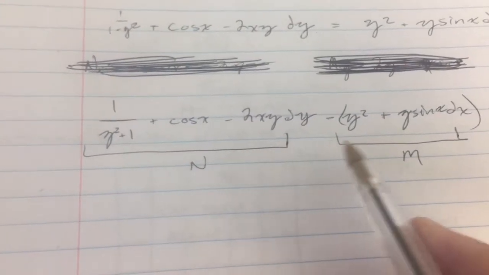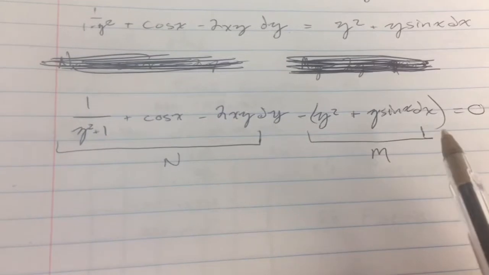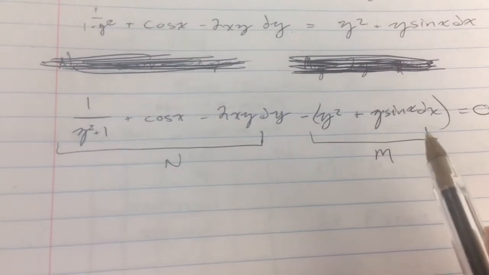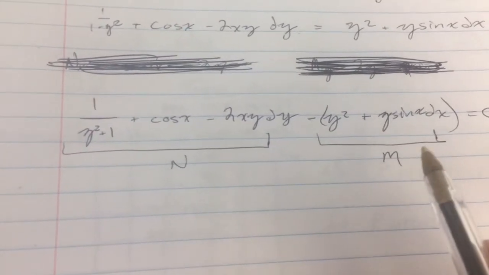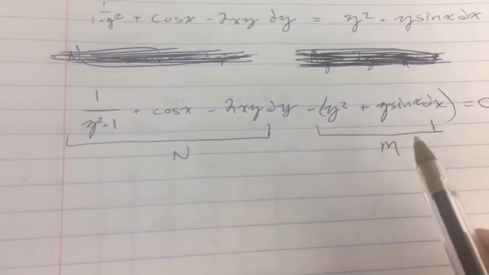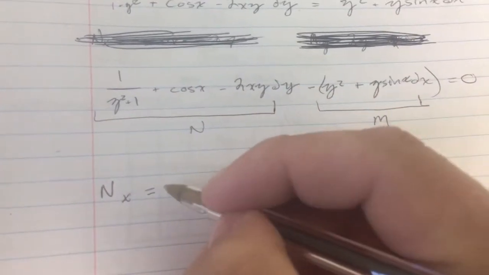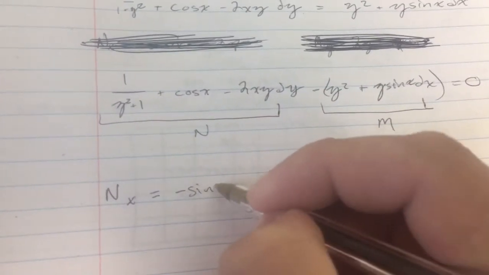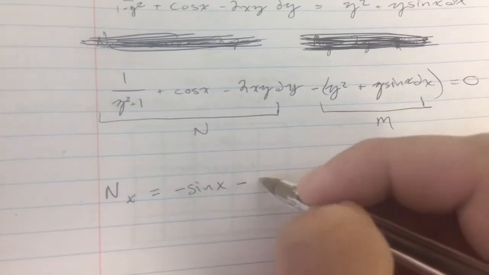We're going to take the derivative of n with respect to x and the derivative of m with respect to y. And if these are equal, we will know that the differential equation is exact. So the derivative of n with respect to x is negative sine x minus 2y.